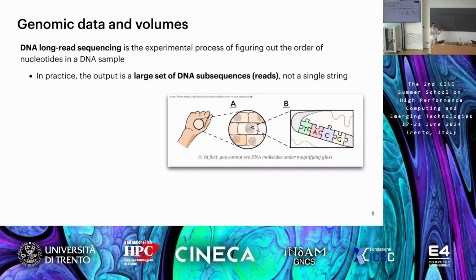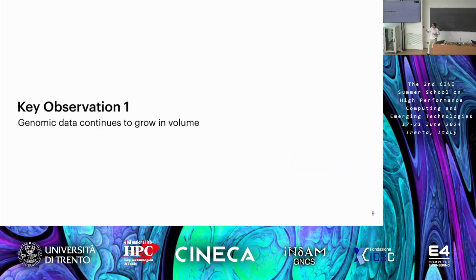Okay. Input blood, output a set of strings that are redundant because you want to make sure that you sequence every location of the DNA multiple times, and contain errors because these technologies are not perfect. The first key observation when you work with this data is that the volume is growing significantly.